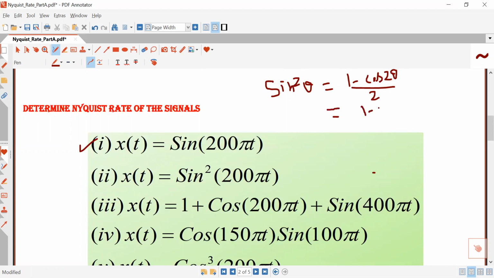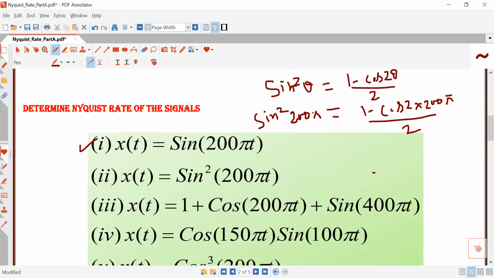So you can write cos 2 into 200 pi t in place of 2 theta.